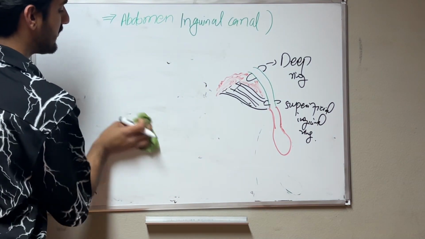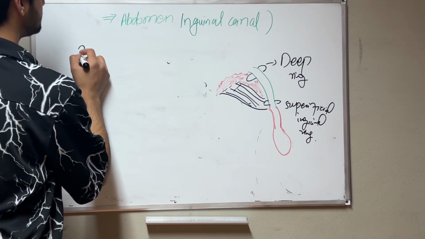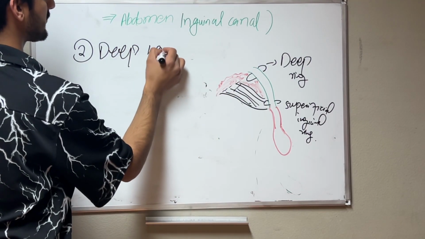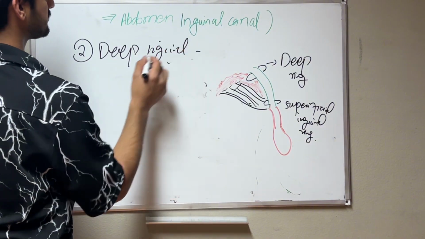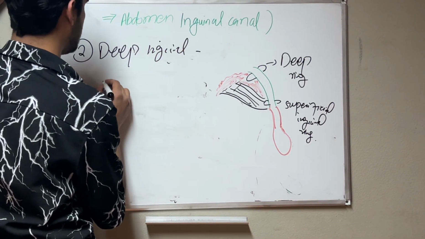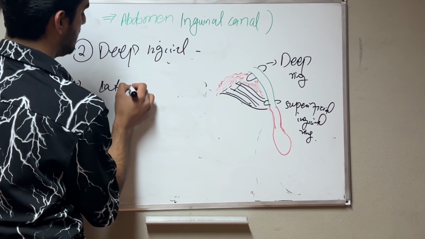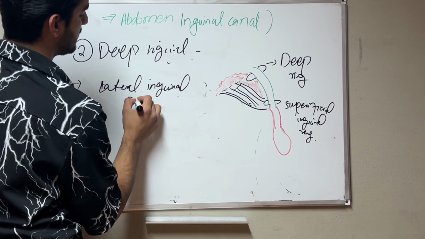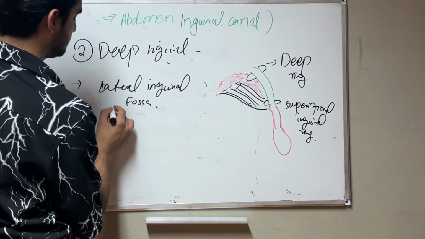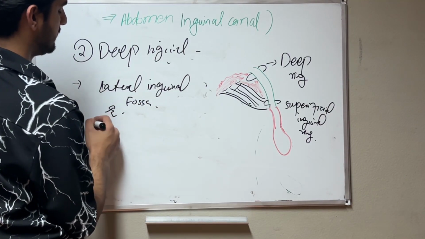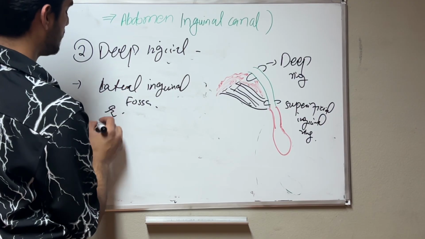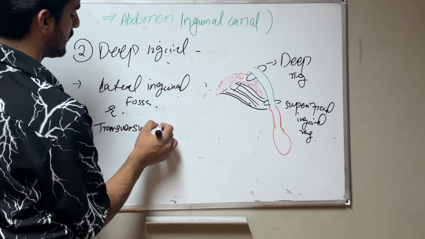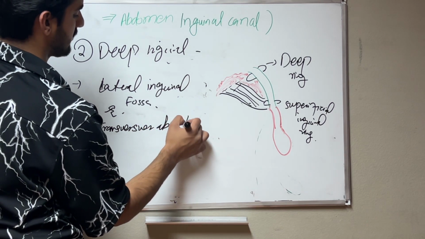Then we have the deep inguinal ring, which is located between the lateral inguinal fossa and the transversalis fascia.